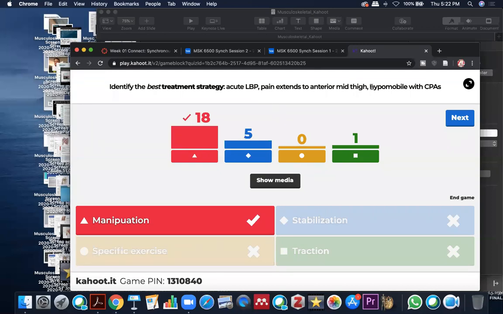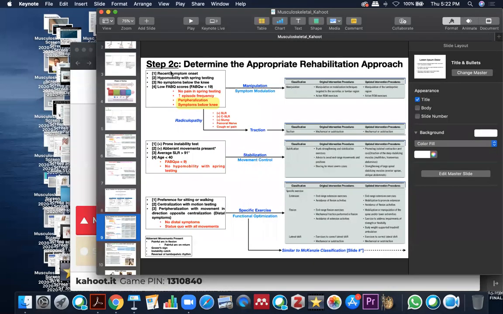So on this one, hypomobile is something that really jumps out: hypomobile with CPAs, hypomobile with spring testing. So when you're going through these questions, look for the keywords or key concepts that come directly from those lists of factors that rule it in.